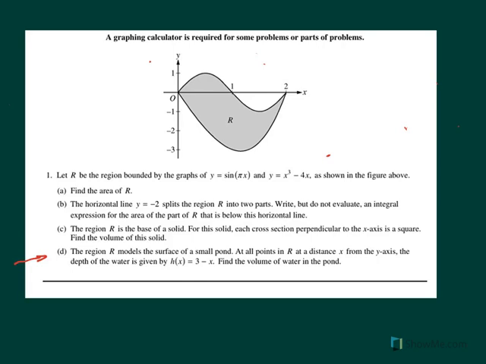So basically they're saying that if you pick a point in the pond somewhere and you want to know how deep it is, maybe we pick the point right here. If we want to know what the depth is right there, then we're going to use this equation to tell us the depth. So at all points in R at a distance x from the y-axis, whatever your x value is at that point, that particular x value is going to go into function h, and it's going to tell you how deep it is, or how tall it is.